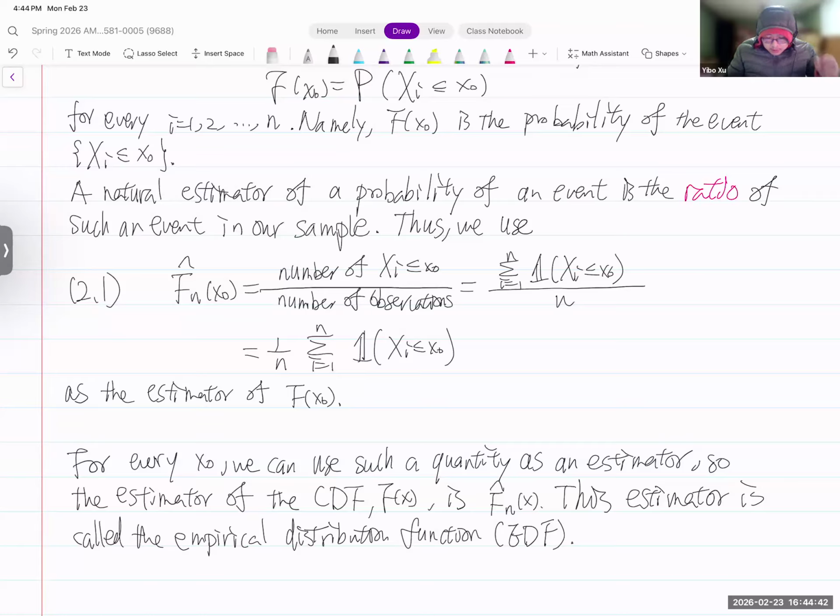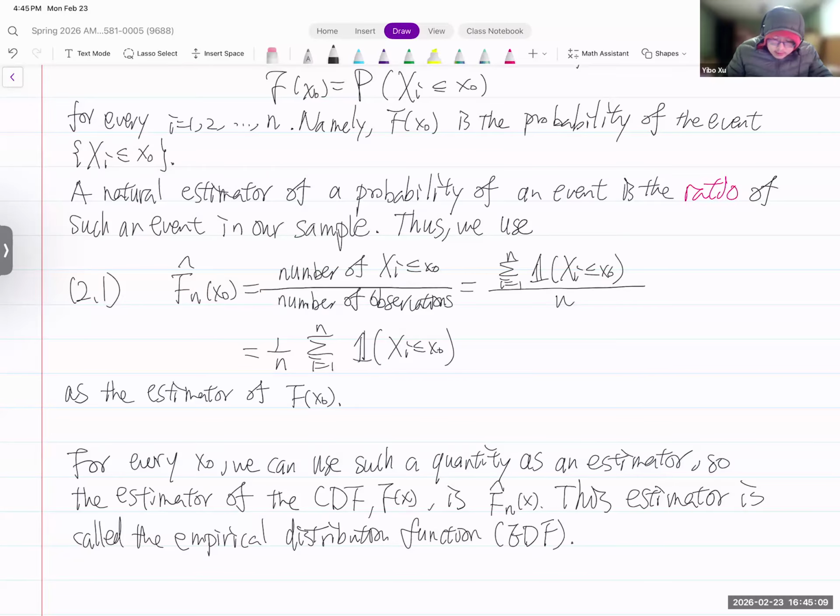So for certain topics we would have to jump between books. But for this topic, you are welcome to look at the purple book, named All of Non-Parametric Statistics.